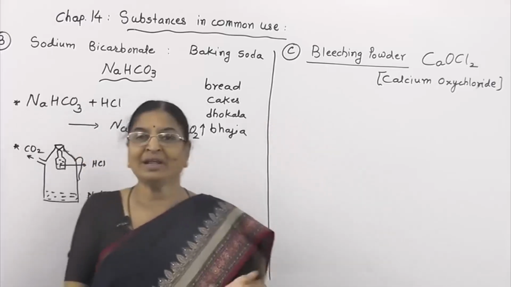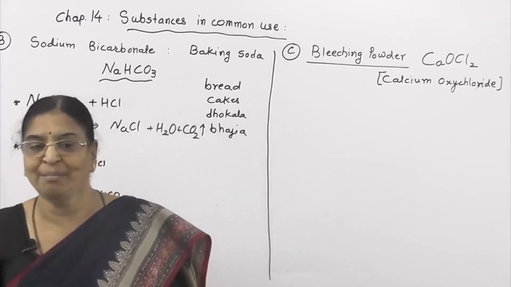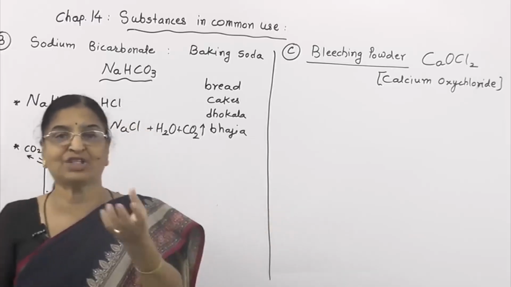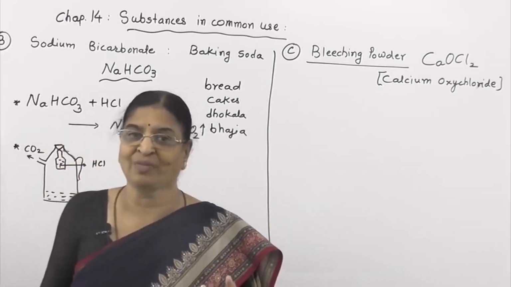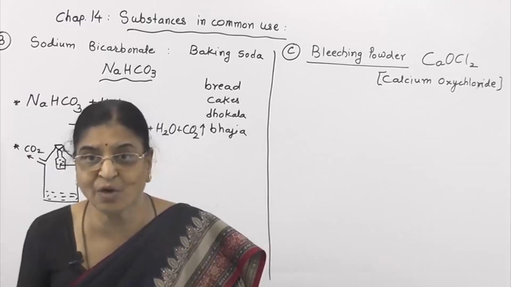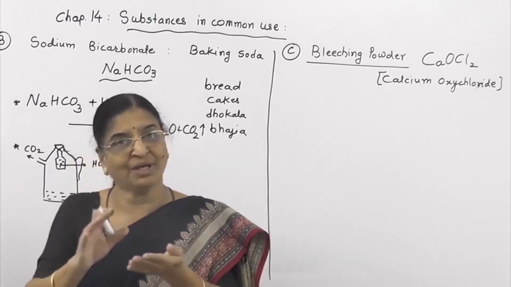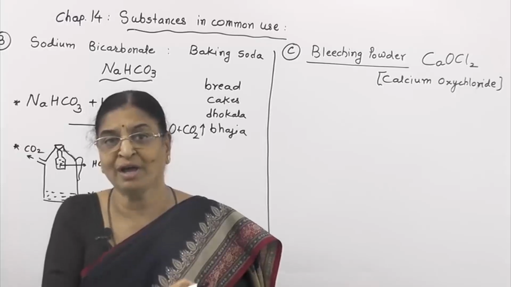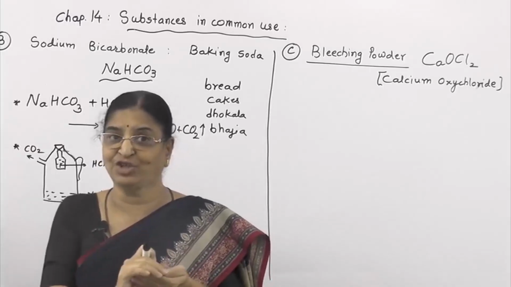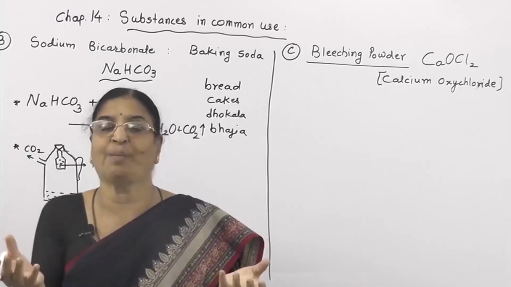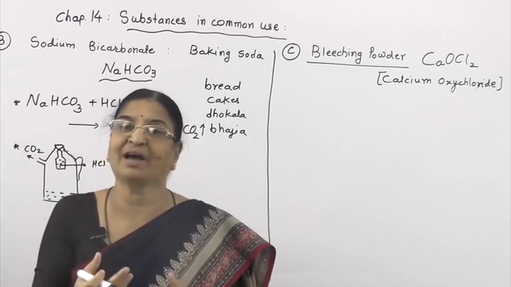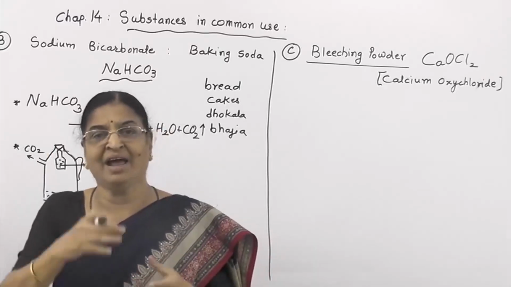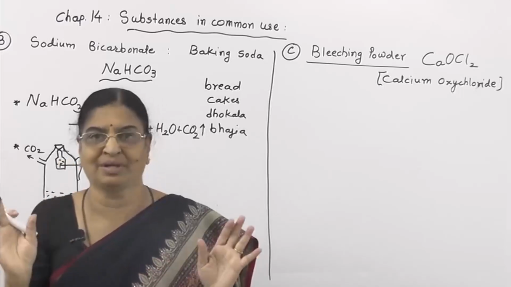So what are the chemical reactions of this bleaching powder? You can say that this bleaching powder smells of chlorine also. So the powder must be kept in a tight stock, with an airtight lid, because if it is open and comes in contact with carbon dioxide in air, then it starts reacting and the chlorine gas will go out.